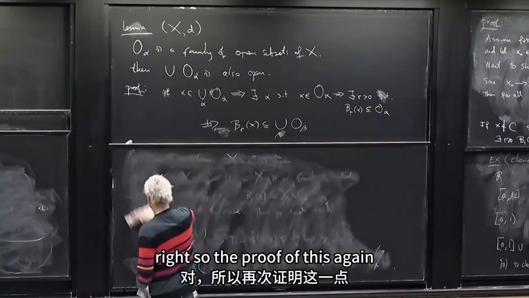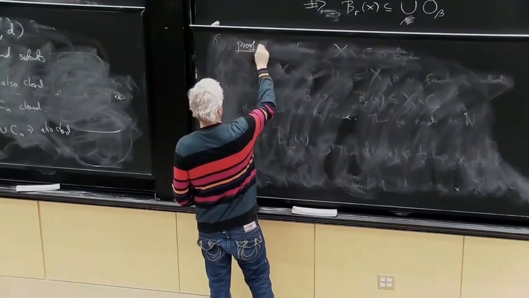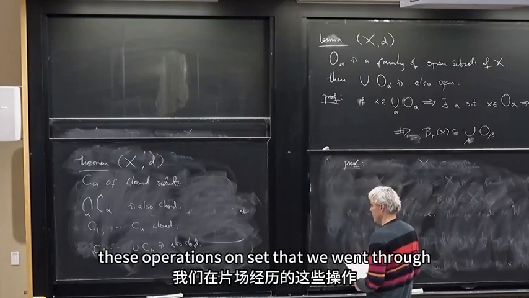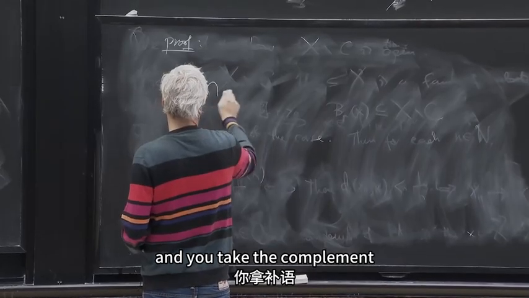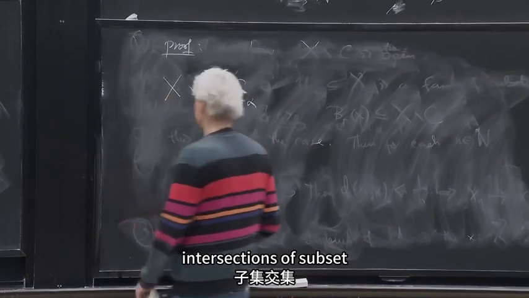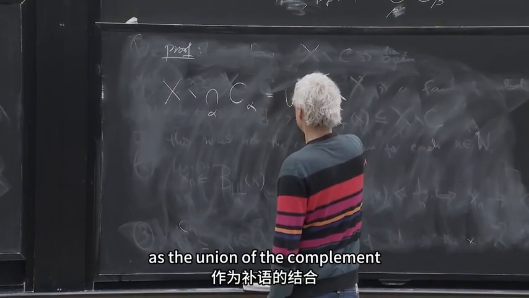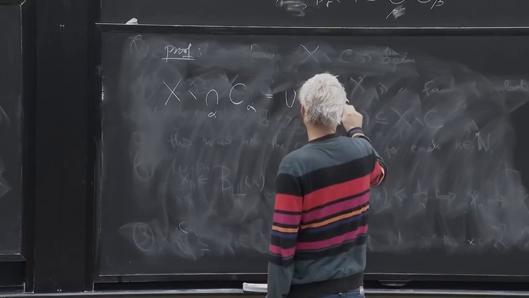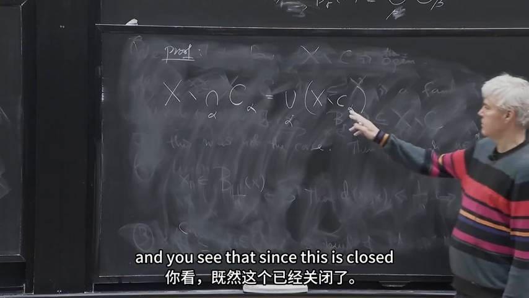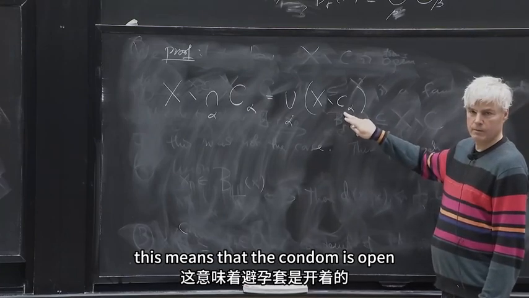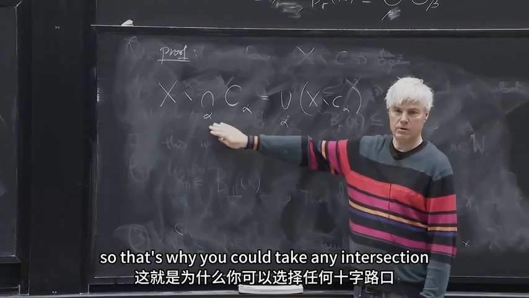The proof of this uses these operations on sets that we went through: if you take X and take the complement of the intersection of subsets, this is the same as the union of the complements. And since each C is closed, its complement is open, and you can take any union of open sets and it's still open.